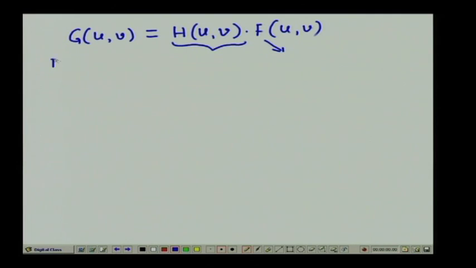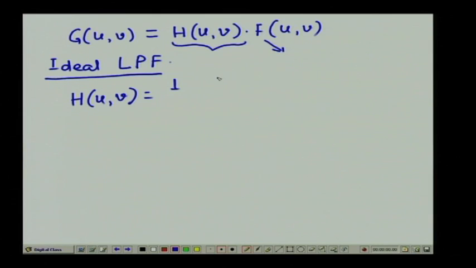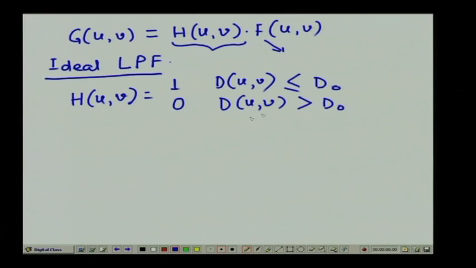Now, here we will consider an ideal low pass filter, where we assume that H(u,v) is equal to 1 if D(u,v), the distance of the point (u,v) in the frequency domain from the origin of the frequency rectangle, is less than or equal to some value, say D0, and H(u,v) is equal to 0 if the distance from the origin of the point (u,v) is greater than D0.